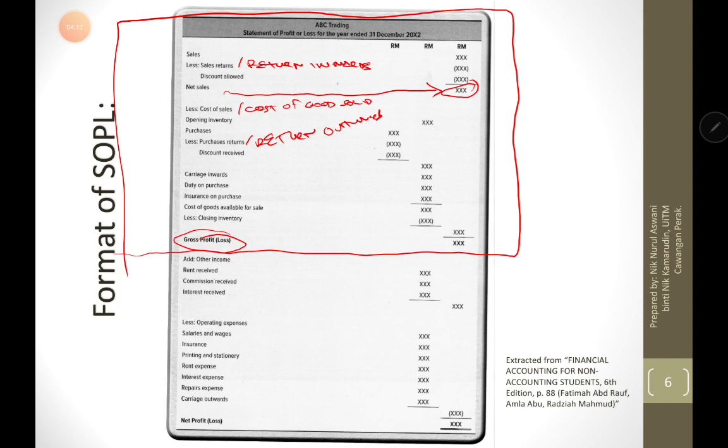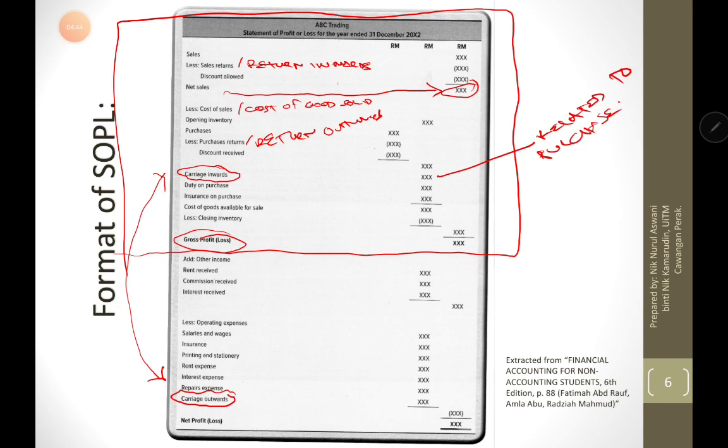Then also less discount received, add carriage inwards. Carriage inwards and carriage outwards both are expenses. If you have doubt here, both are expenses, but carriage inwards we will add in the first part under purchases, because carriage inwards is related to purchases.